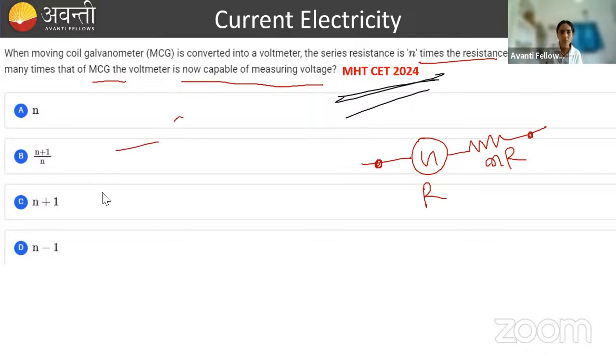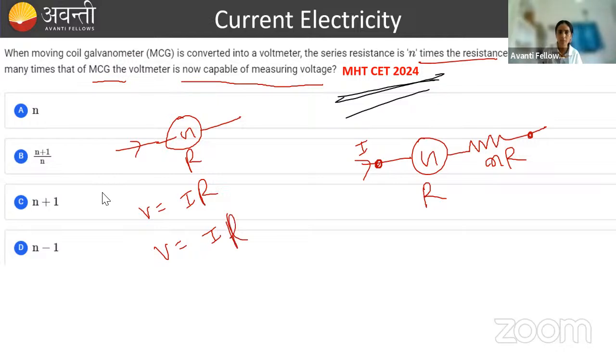Initially, when only the galvanometer was used to measure the voltage, suppose I current was flowing, then the voltage measured is IR. Now when NR is also connected and still I current is going through it, the voltage measured will be IR plus INR.